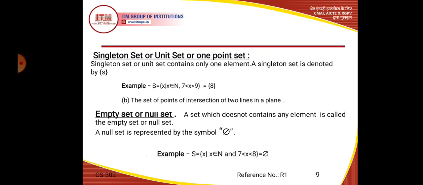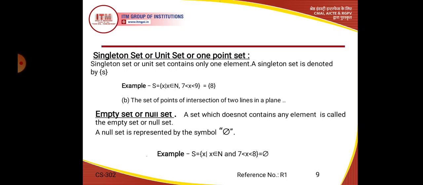Now come to the singleton set. We can say a singleton set is a unique set or one point set. The definition of a singleton set is a set which contains only one element.